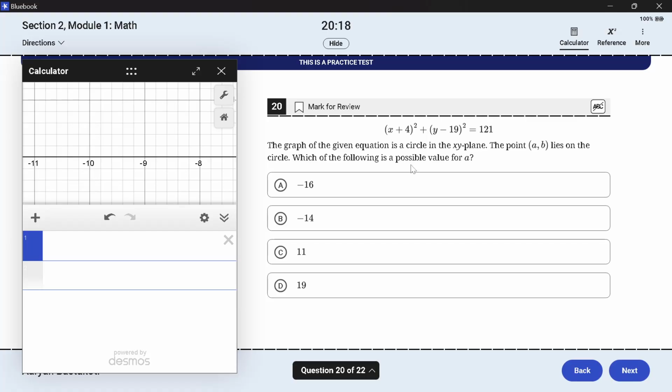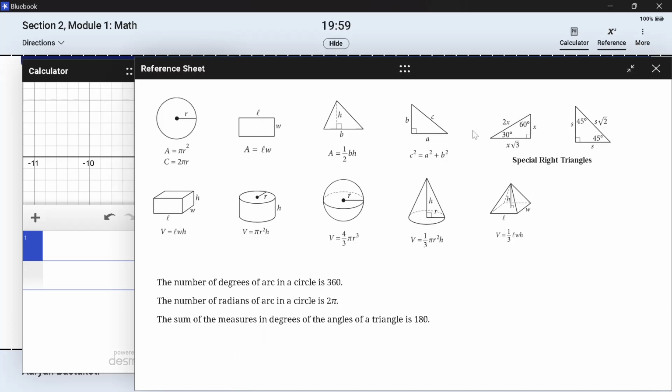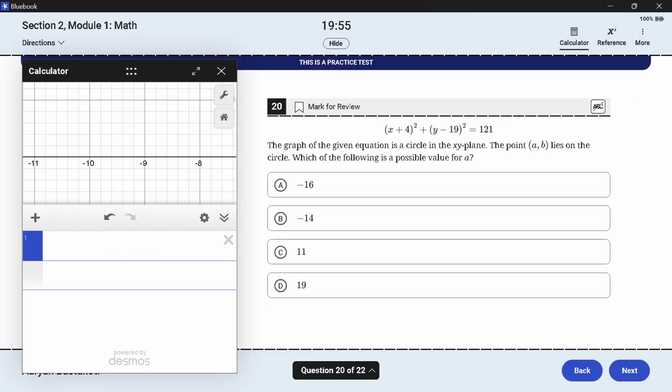The graph of the given equation is a circle in the xy plane. The point a, b lies on the circle. Which of the following is a possible value of a? So the center is minus 4 comma 19, since the general expression for a circle is x minus h whole squared plus y minus k whole squared.